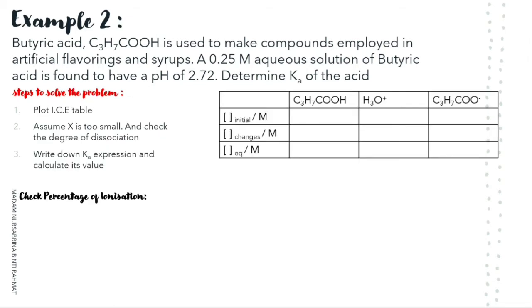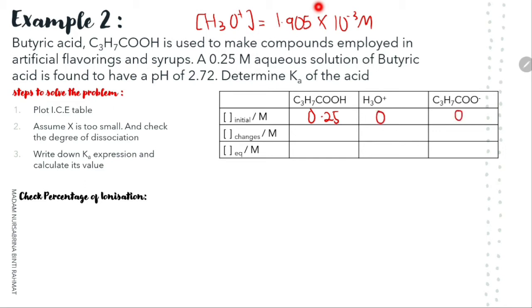So let's fill up this ICE table. Just now we already calculated H3O plus from the pH value, which is 1.905 times 10 to the minus 3 molar. The initial concentrations are 0.25 for butyric acid, and 0 and 0.